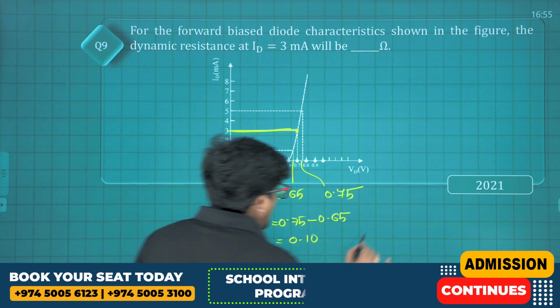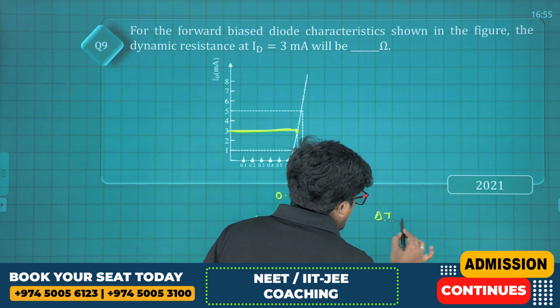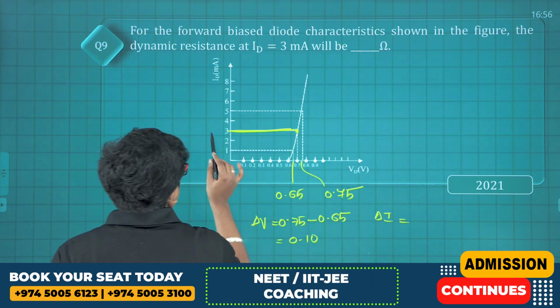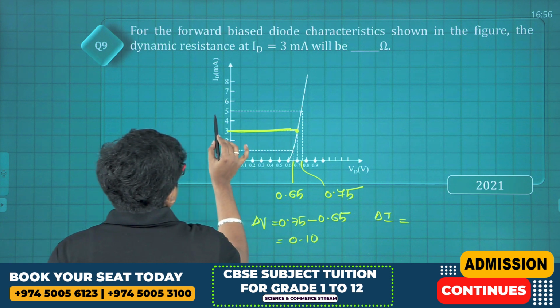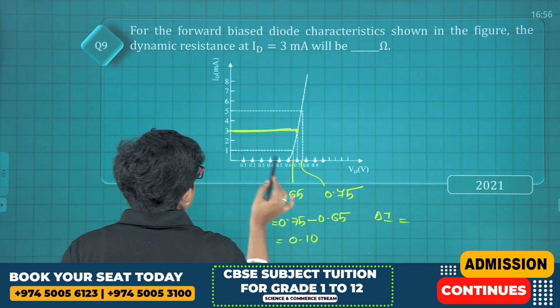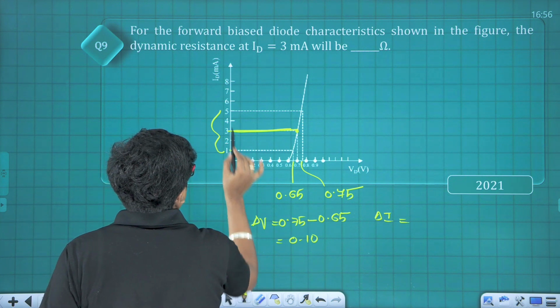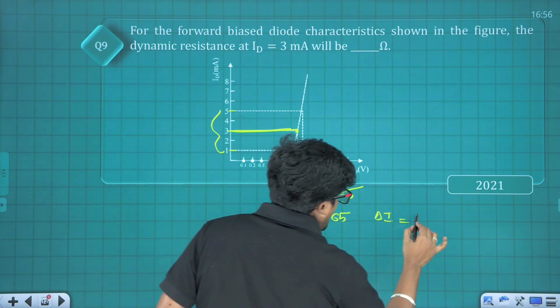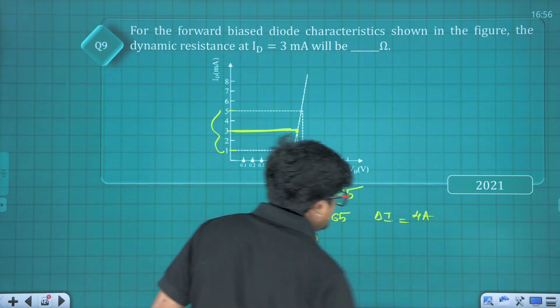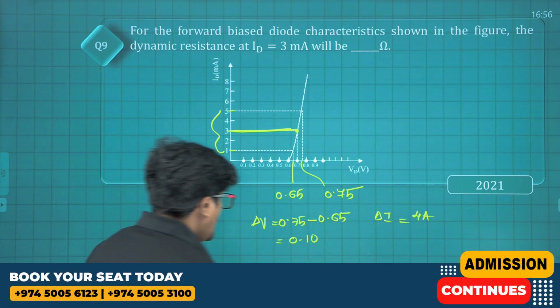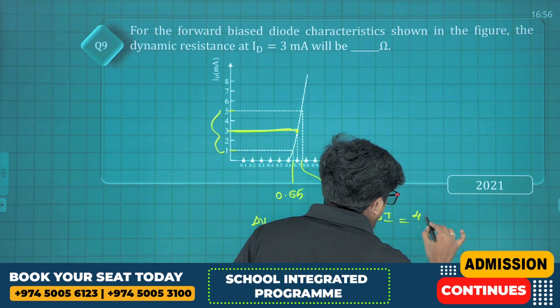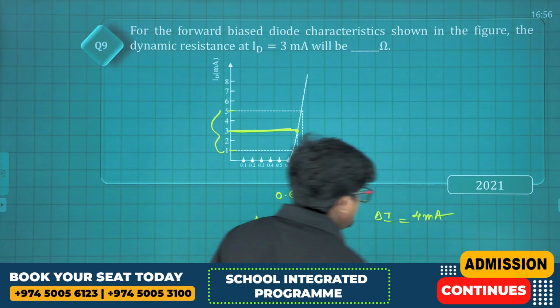Now, what about delta I here? Delta I can be marked as the corresponding value changed from 1 to 5, so delta I is 4 milliampere.